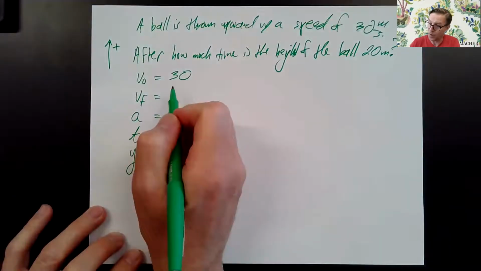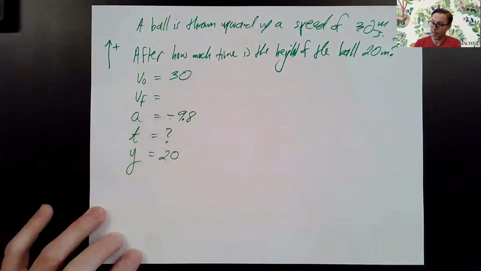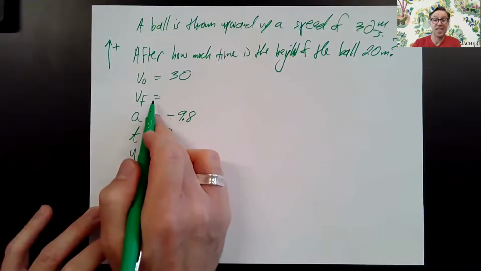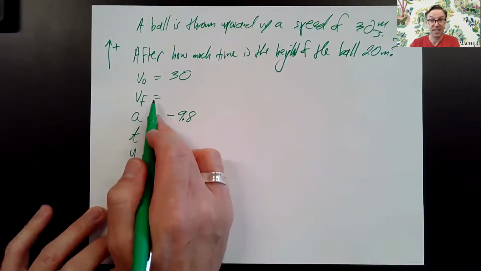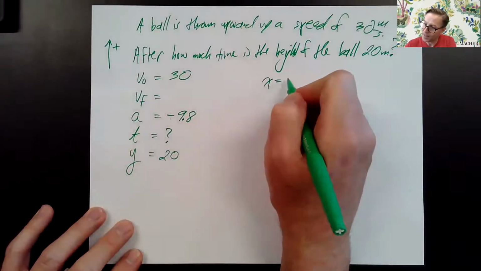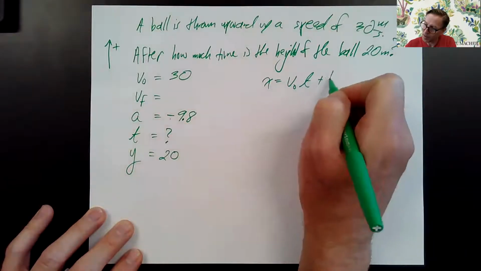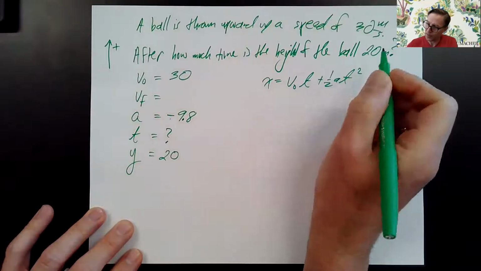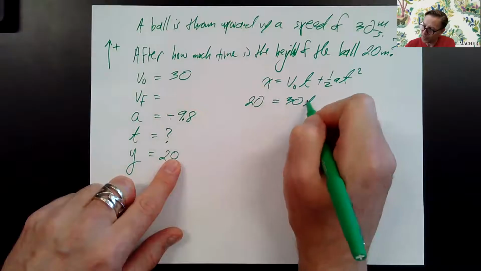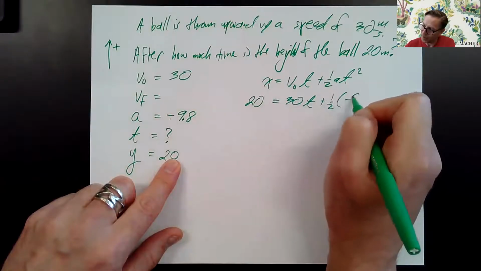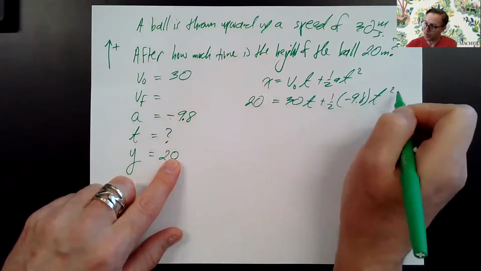Okay, so I'd really like to know T. Is there an equation that does not have V final in it? Yes, there is. X equals the initial T plus 1/2 AT squared. 20 equals 30T plus 1/2 negative 9.8 T squared.